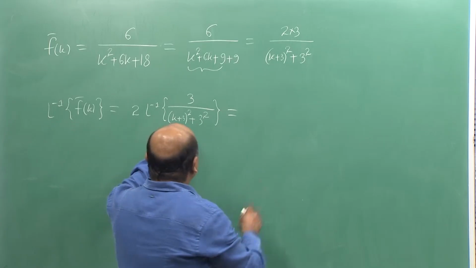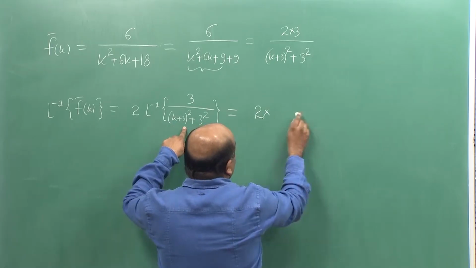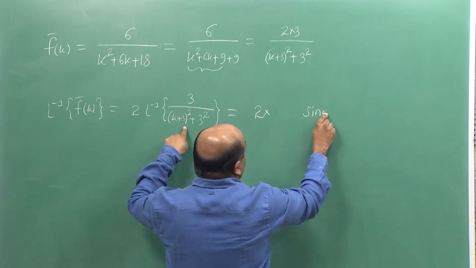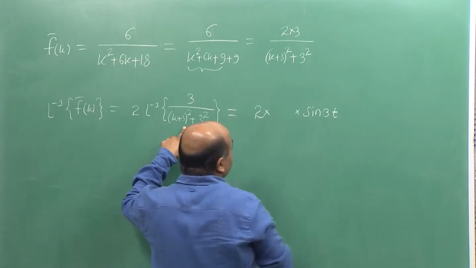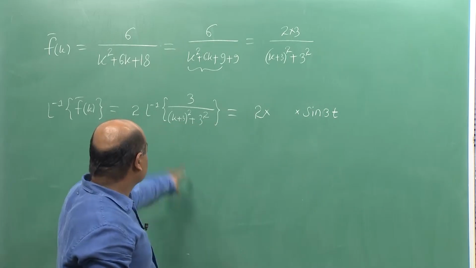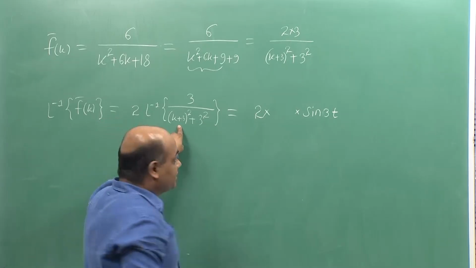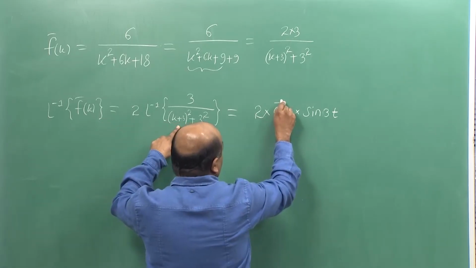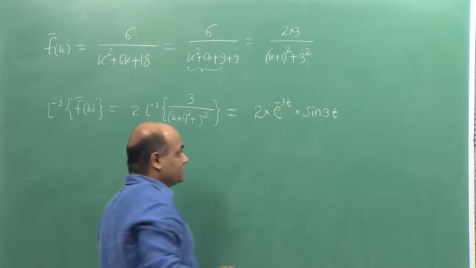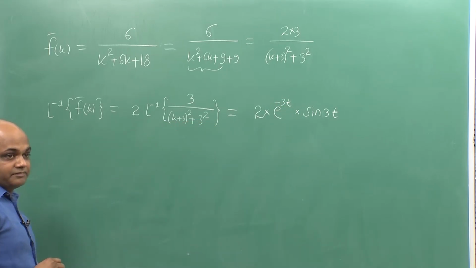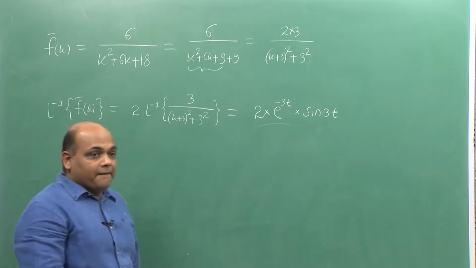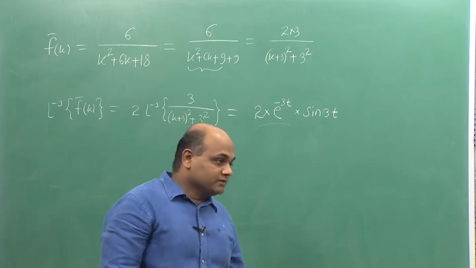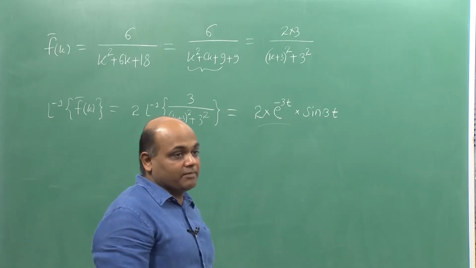So, this should be 2 times sin of 3 t times e to power p t, and p in this case is minus 3, e to power minus 3 t. Clear? So, this is how we can get the inverse Laplace transforms too.